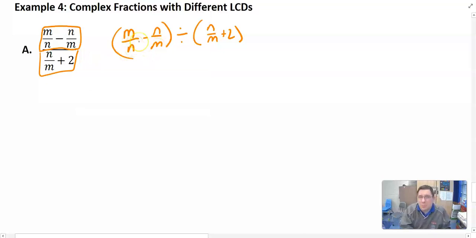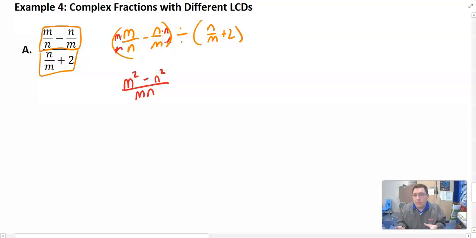Well, like a simple problem, right? This needs the m, this needs the n. So this is going to multiply by m to both, and this is going to multiply by n to both to get mn as the denominator. So getting that, mn. This is m times m, so that's m squared. This is n times n, so that's n squared, and there's a minus in between. So the first fraction's already done, actually.